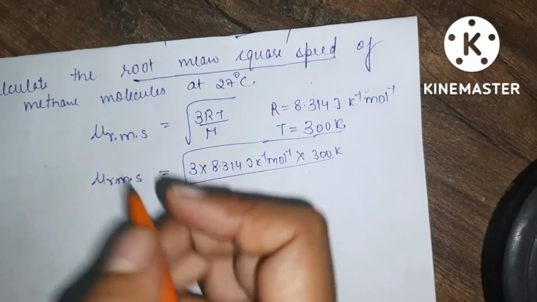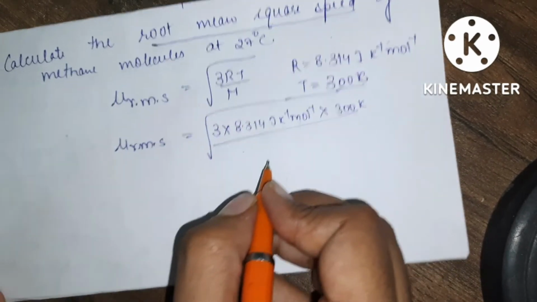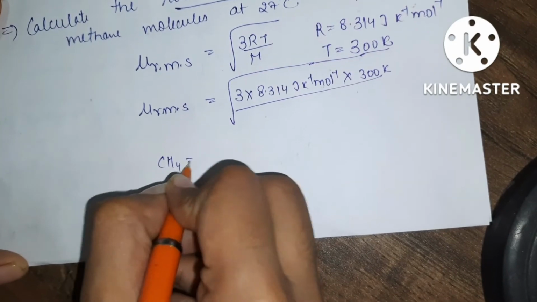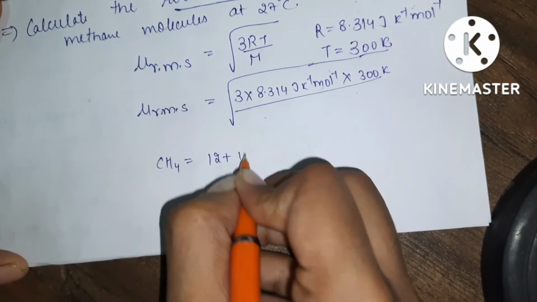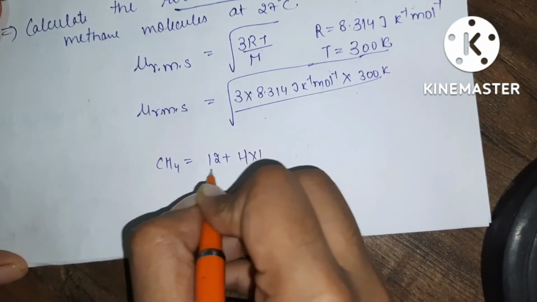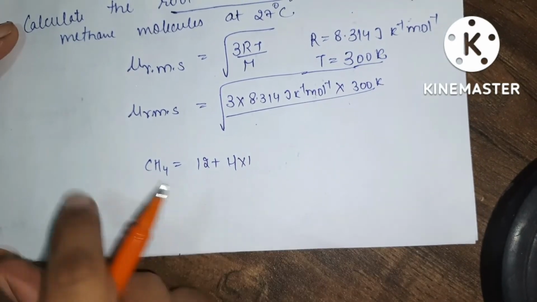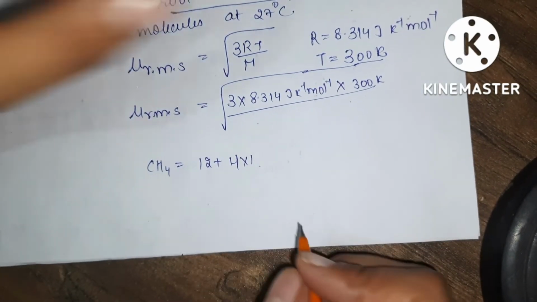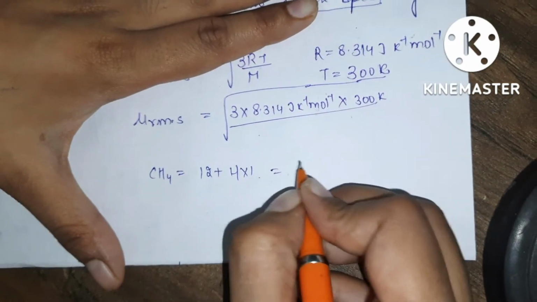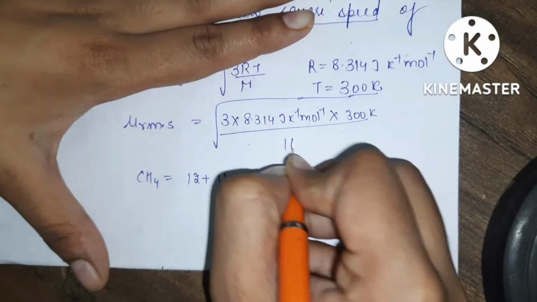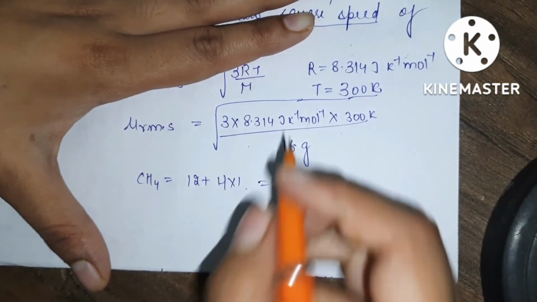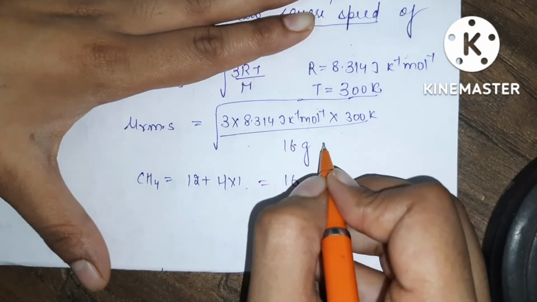What is the molar mass of the methane molecule? You can calculate 12 plus 4 into 1, where 12 is the mass of carbon and 1 is the mass of hydrogen. So it gives us 16 gram per mole.